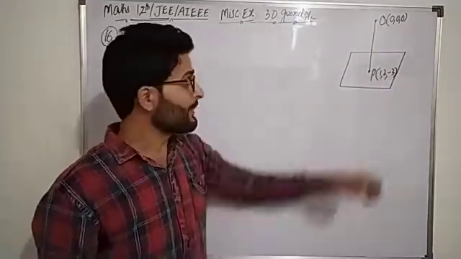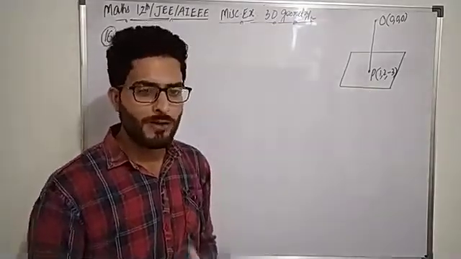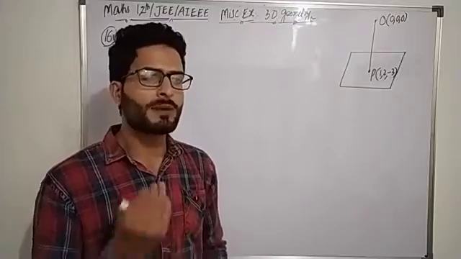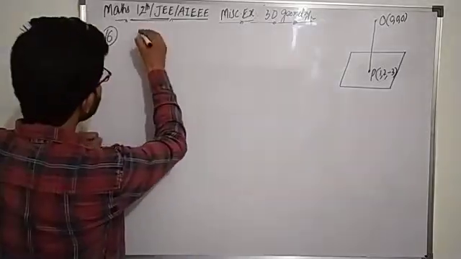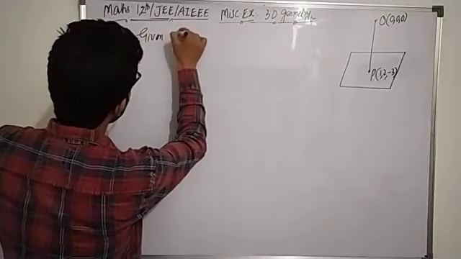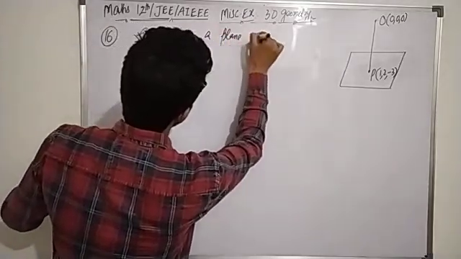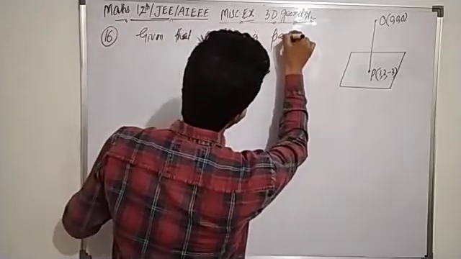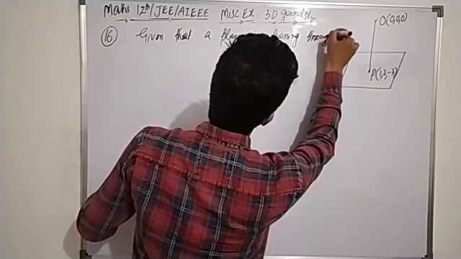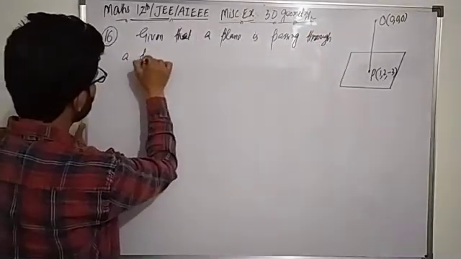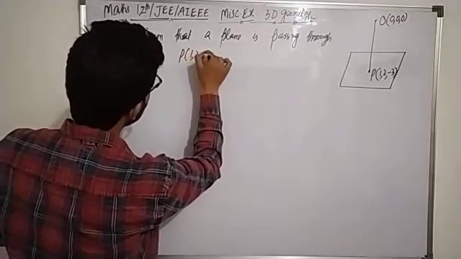Now, since the plane is passing through the point P of 1, 2, minus 3, we can find its equation by one point form. A into x minus x1 plus b into y minus y1 plus c into z minus z1 is equal to 0, right? Given that a plane is passing through a point, yes, कौन से पॉइंट में पास हो रहा है, P of 1, 2, minus 3.